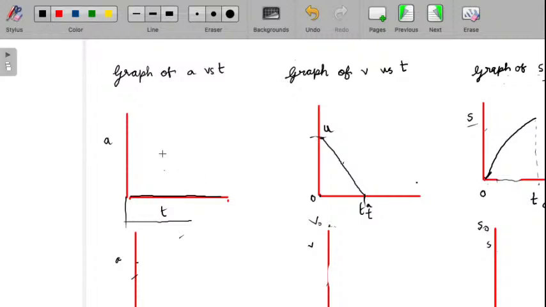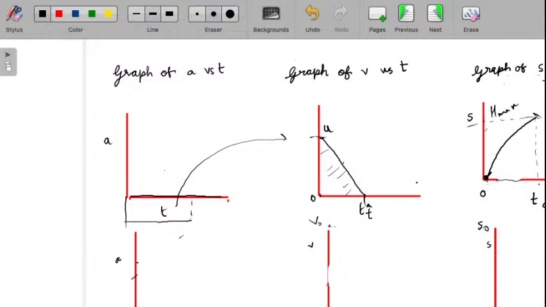I'm sorry, if you compute the area of a versus t, that should be equal to the change in velocity, not the area of s versus t. The area of v versus t should be equal to the change in value of displacement. So this area should be equal to this value of the displacement that we have, which is going to be h max here, the maximum height. And this is the initial displacement, which is 0.